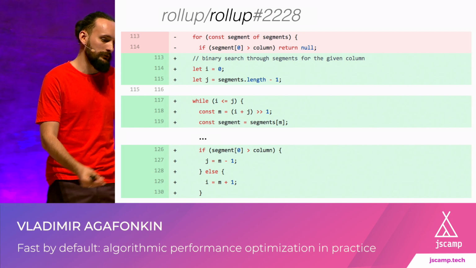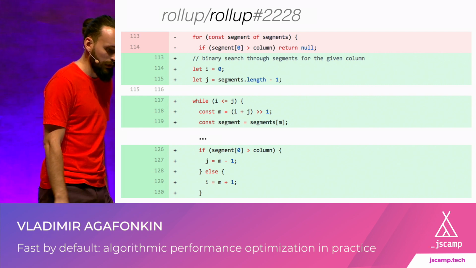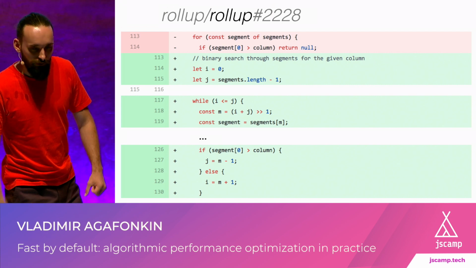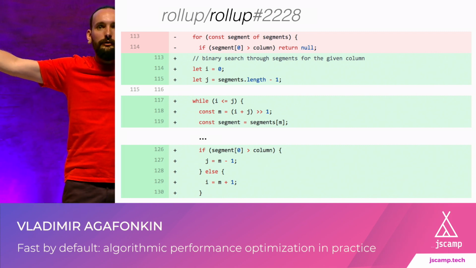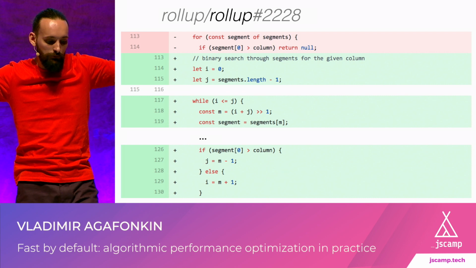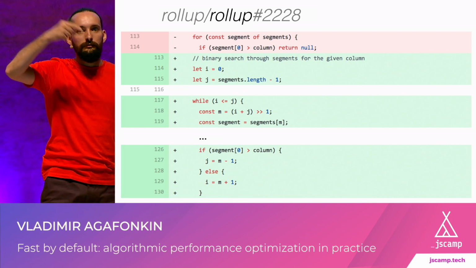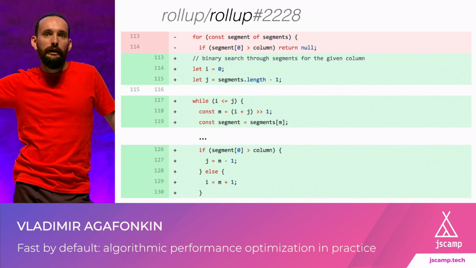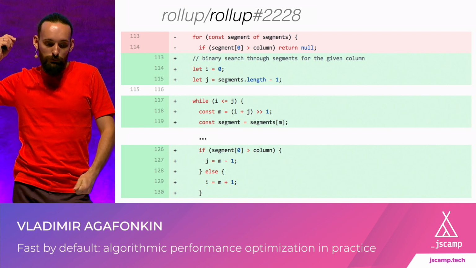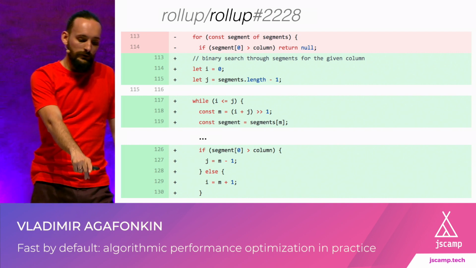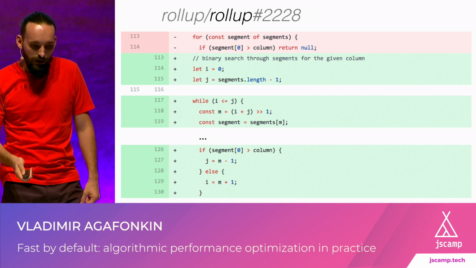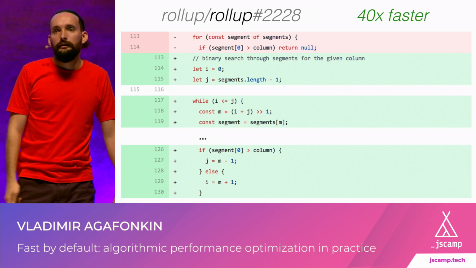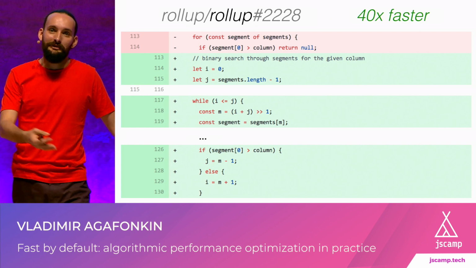I tried to discover what was wrong there, and it turned out that in some cases there was one already minified line of code turned into a source map, and we searched for particular segments on this line with a simple loop. This is the whole change that I made: we rewrote it to use binary search, and it got 40 times faster for that particular case.